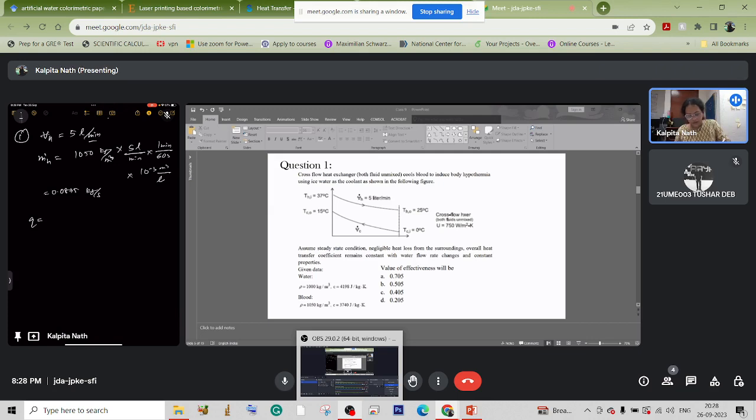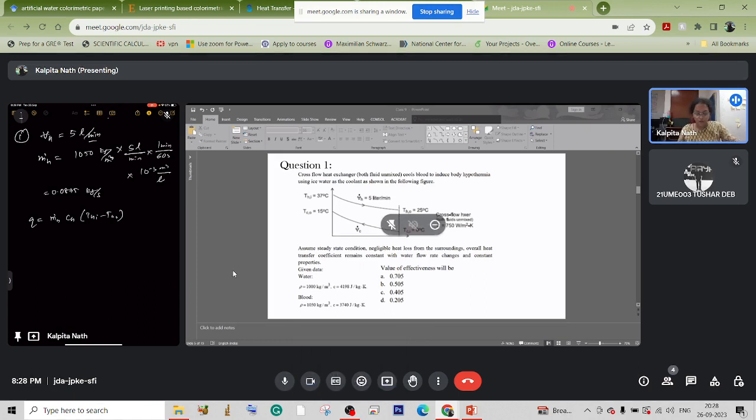So the rate of heat transfer will be mh dot Cph into Thi minus Tho, because we already have everything to calculate the heat transfer rate from the hot fluid conditions. So this is 0.0875 kg per second, which we have calculated, into the heat capacity.